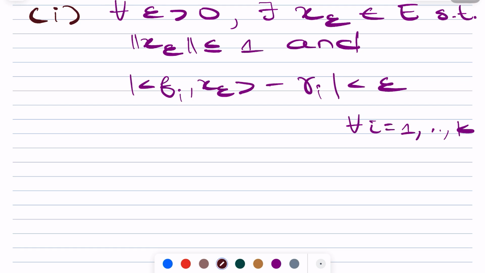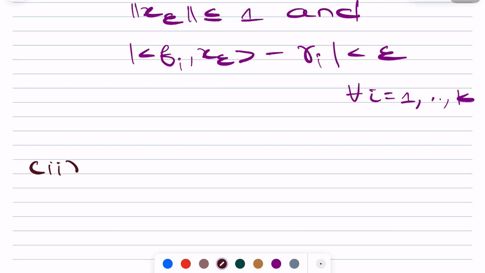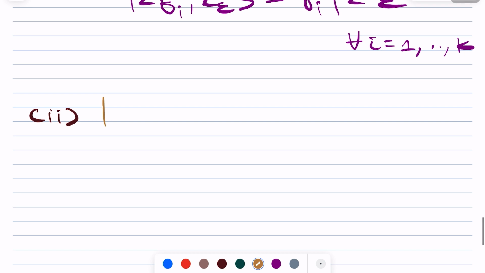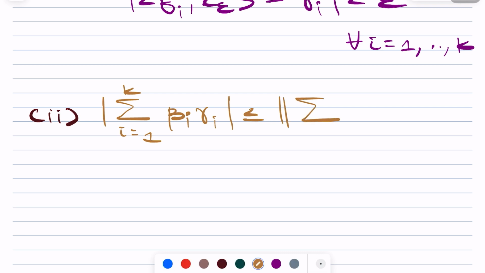So this is equivalent to number 2: the absolute value of the summation over i from 1 to k of beta i gamma i is less or equal than the norm of the summation over i from 1 to k of beta i Fi.